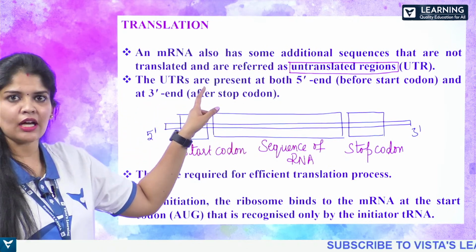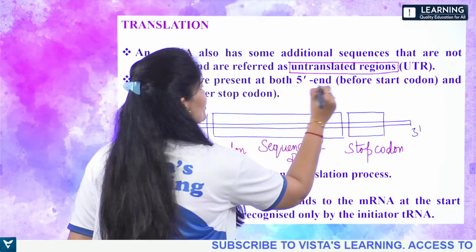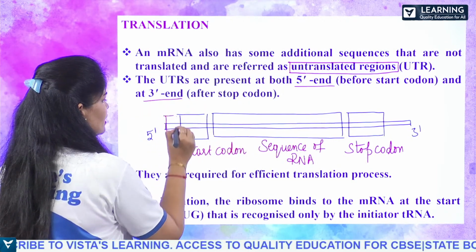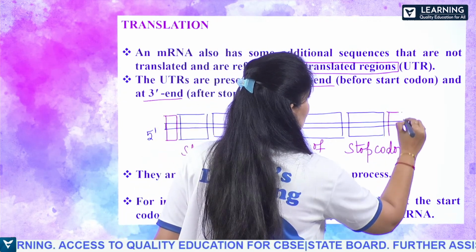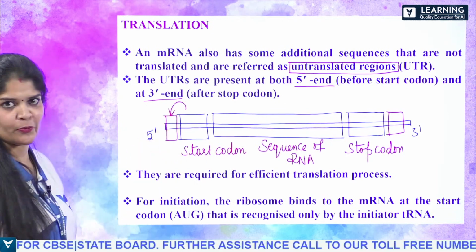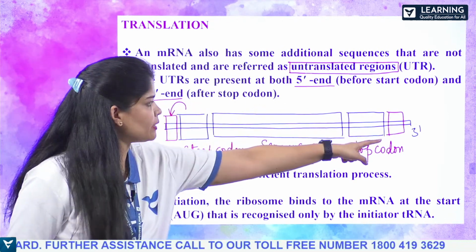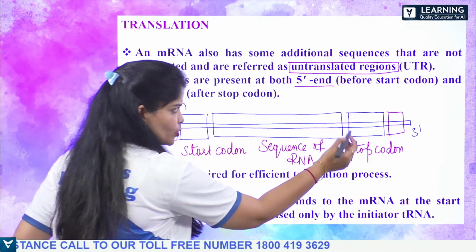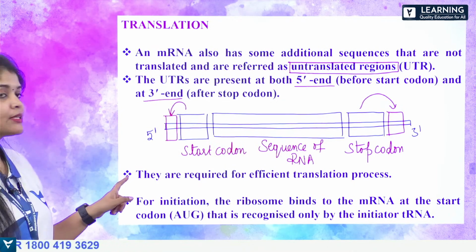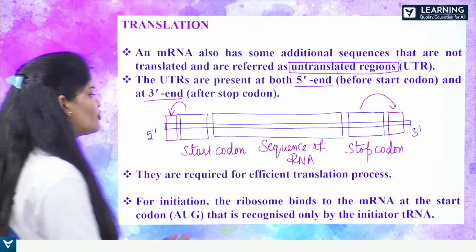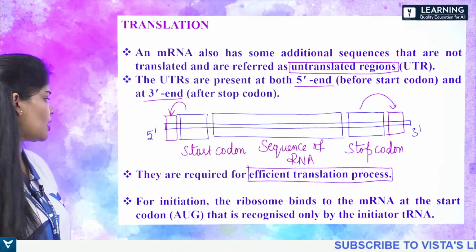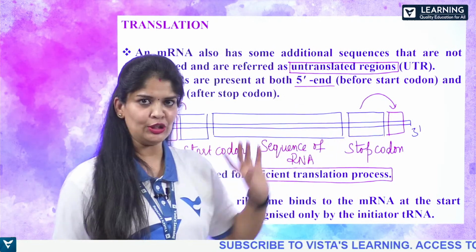These UTRs are present on both the 5' as well as the 3' ends. So we find them on the 5' end, before the start codon, and on the 3' end, after the stop codon. The presence of these UTRs is required for efficient translation. Now, this is all about the translational unit.